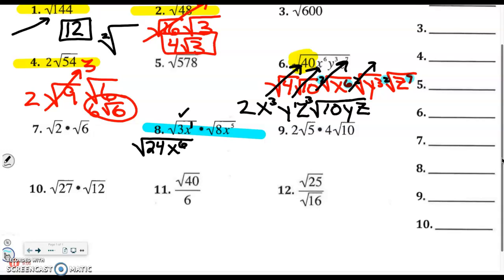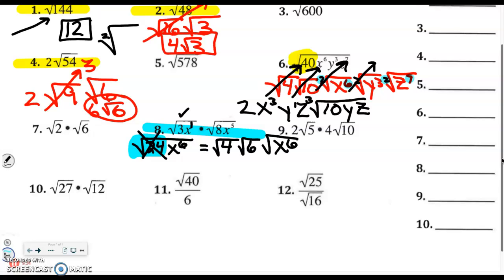Is 24 in my list of nice numbers? No, but there's one in my list that's living in it. What nice perfect square is living in 24? 4. So the first thing I'm going to do is go root 4, root 6, right? Break that 24 up into the nice one that I know. And then I still have the root x to the 6th.